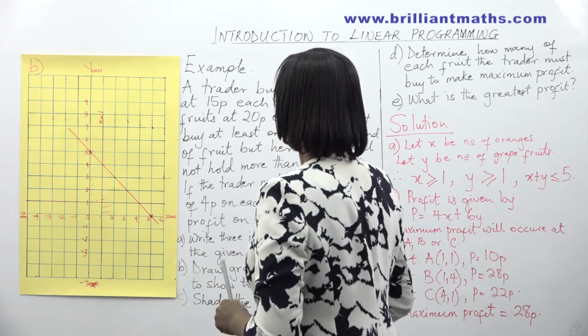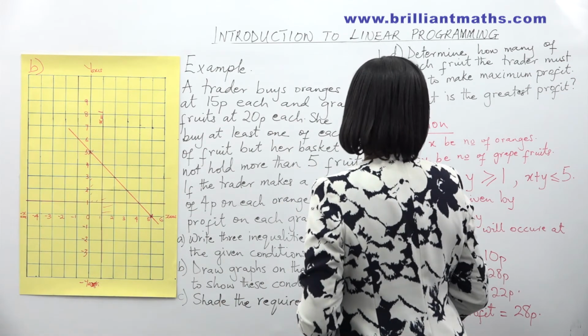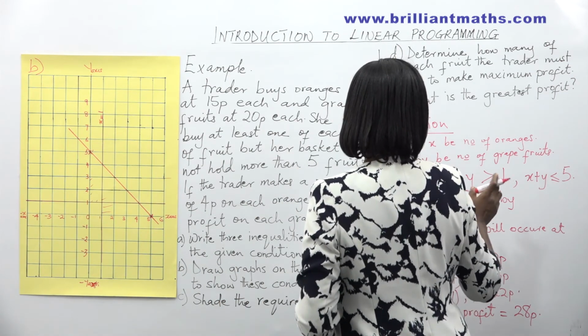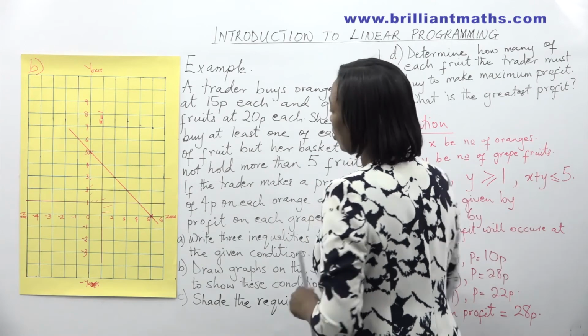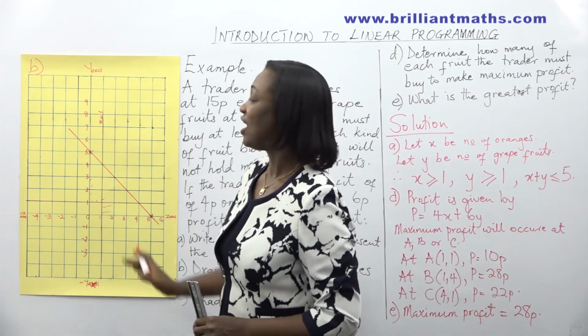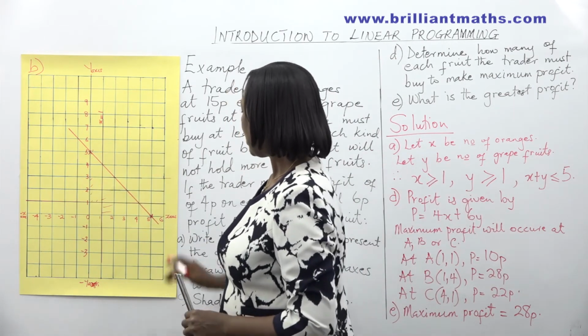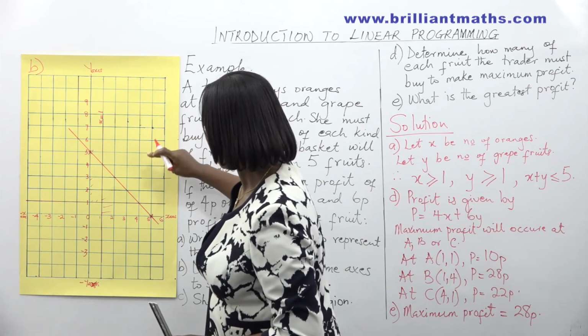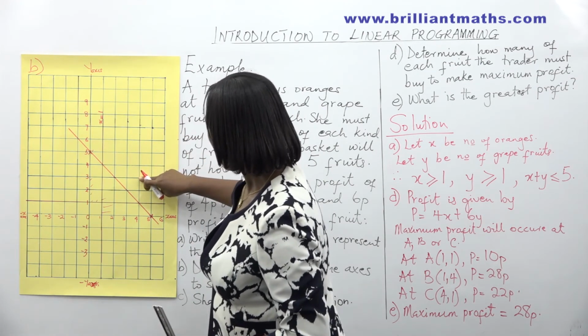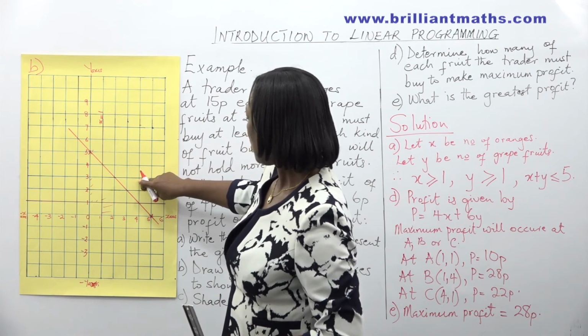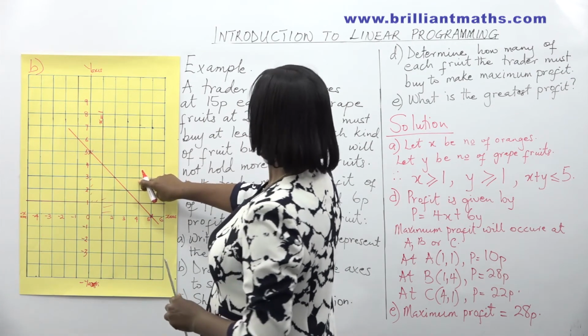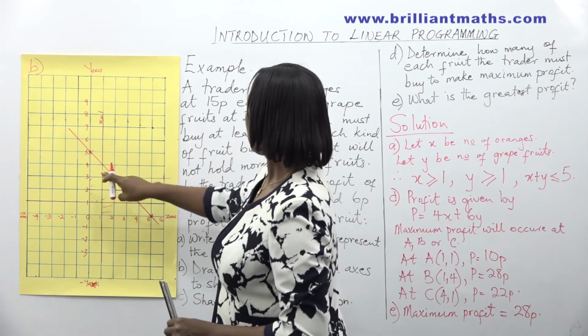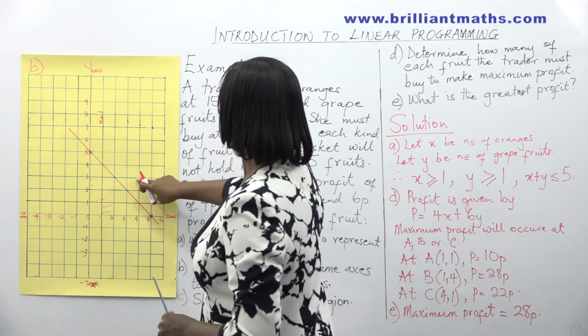All right. So X plus Y is less than or equal to 5. Is it on top of the line or below? So let's choose a point 4, 3. X plus Y, 4 plus 3 is 7. 7 is greater than 5.